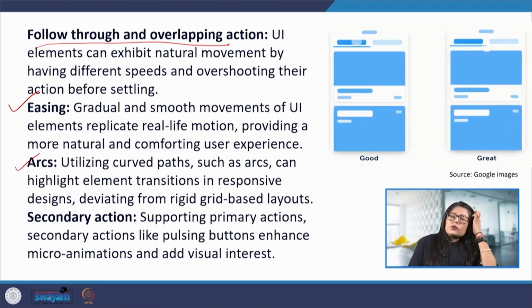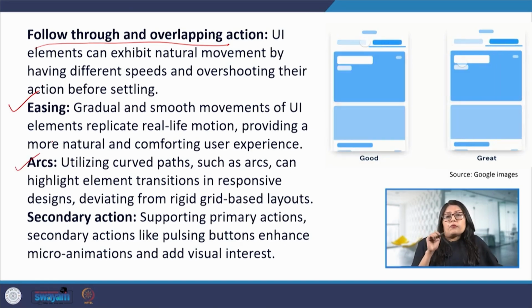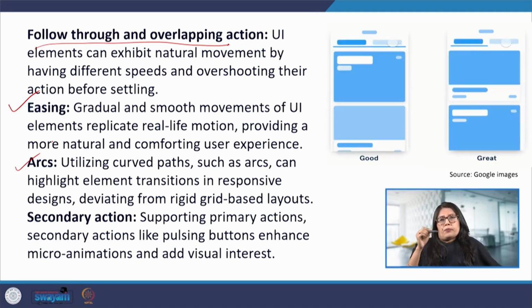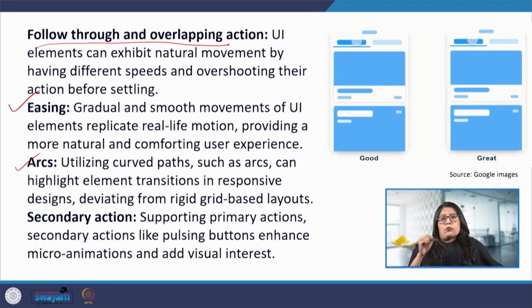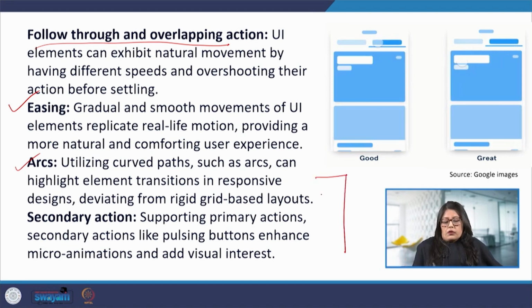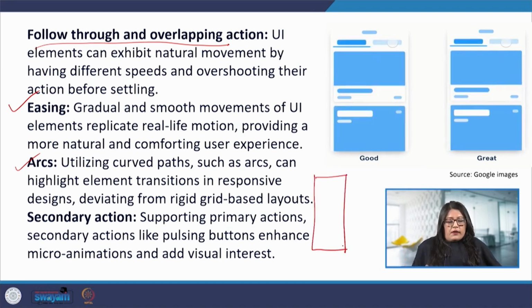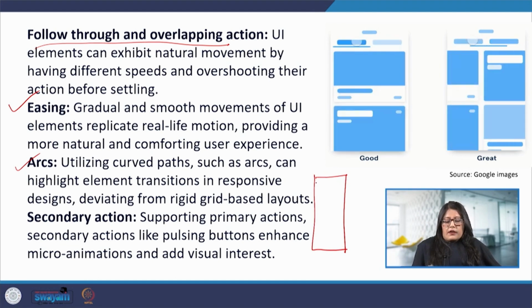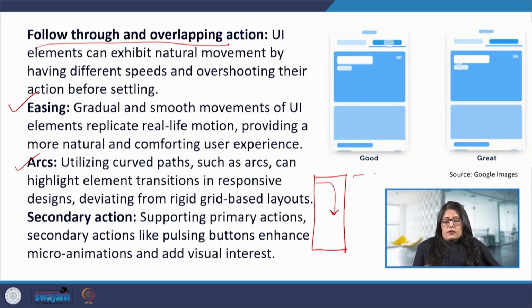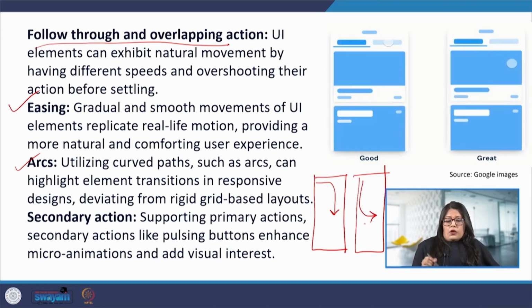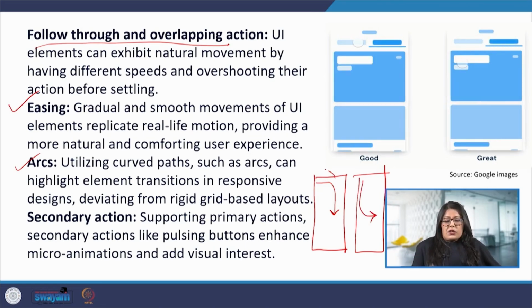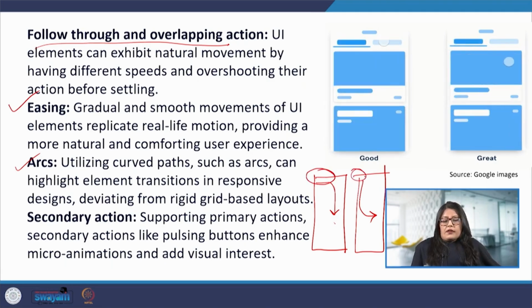So, where we use certain paths in the field for the animation to move around. So, now if this is our field, then one arc can be like this and the other arc can also be like this. So, the object which is originally here, now moves along this arc and then it moves along this arc.